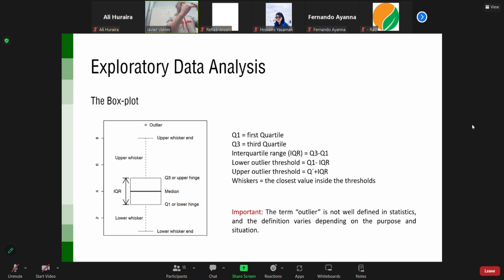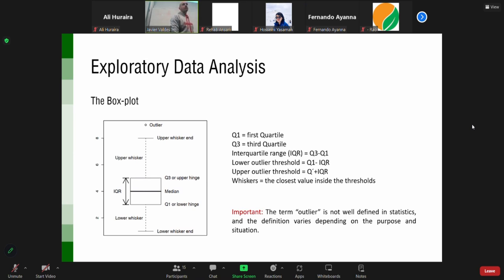Then we have another part of the data which is between Q1 and the lower whisker, or until the end of the graph. And we have another part of the data which is the top 25%, which is between the Q3 and the last of the outliers.